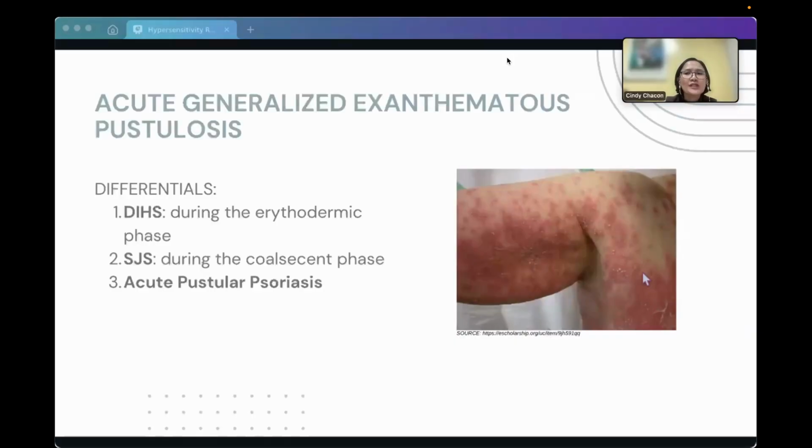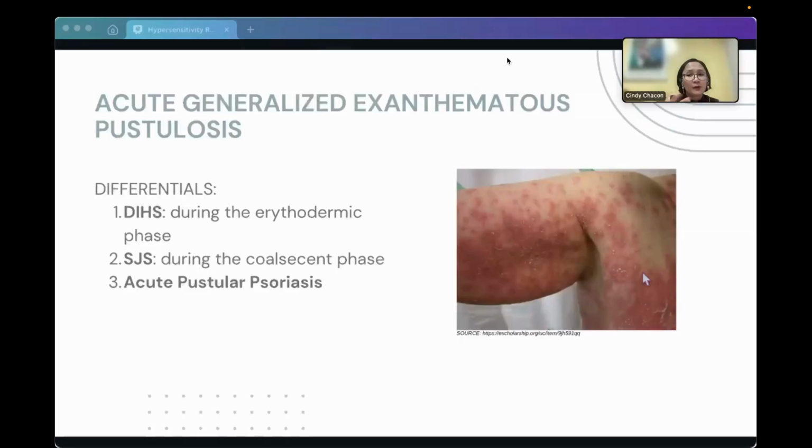Based on its course and how the lesions of an AGEP develop, the following differentials could be included. Again, your DIHS, which may be considered during the erythrodermic phase of your AGEP, pag hindi pa lumalabas yung pustules. SJS, when the lesions become generalized and they coalesce and start to erode. In such cases, what will help you differentiate SJS from AGEP is the kind of erosions.